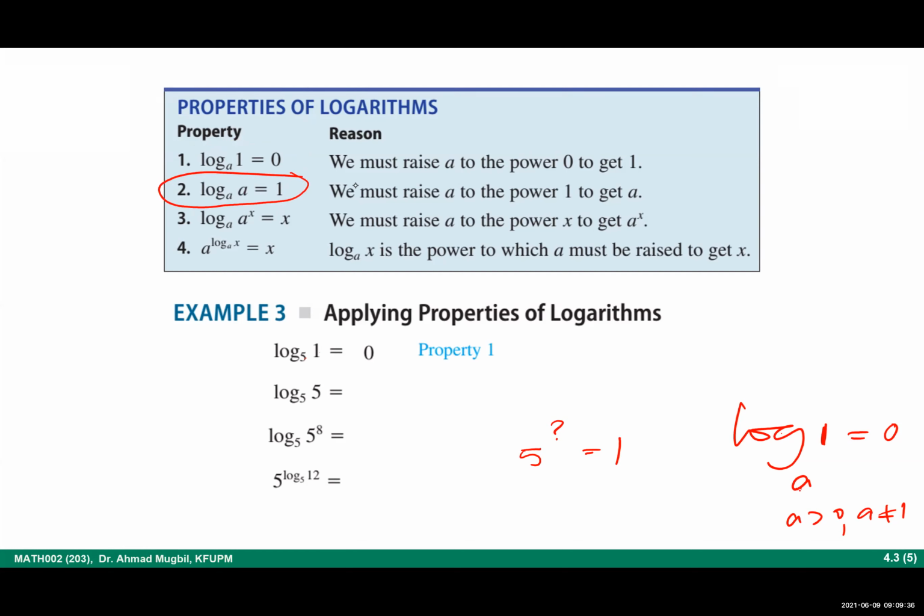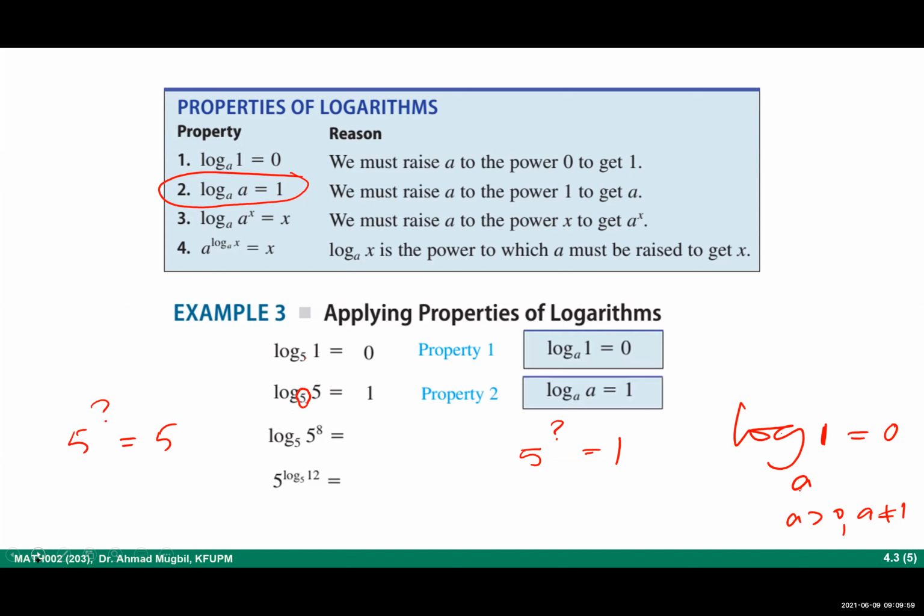What is log a of a? 5 to the power what equals 5? It is 1, ya Abdullah. Be careful. Here, ya shabab, we have log 5 of 5.